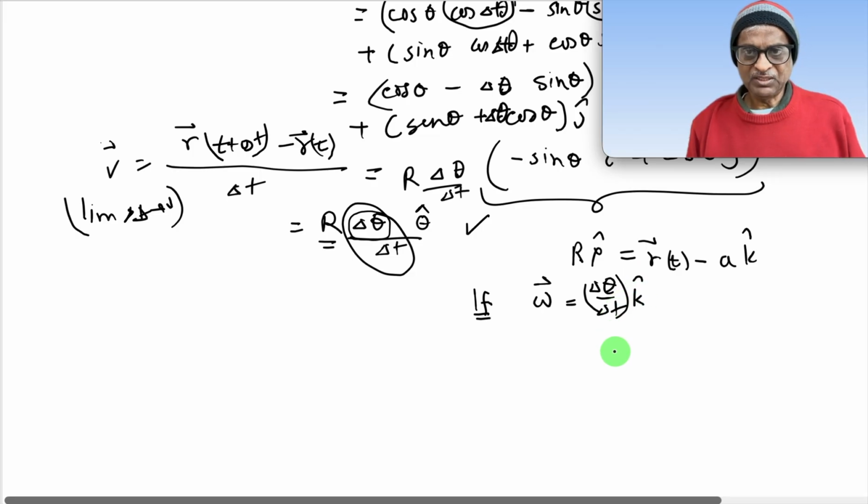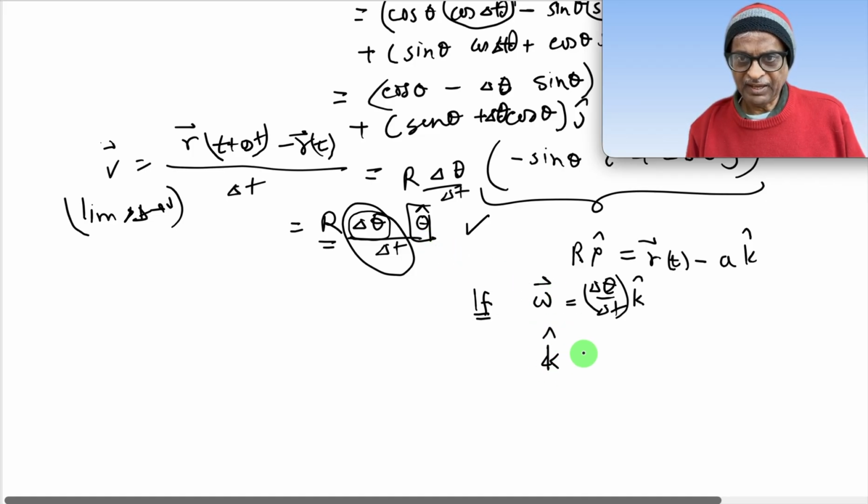So once again we see that k hat cross rho hat is theta hat.